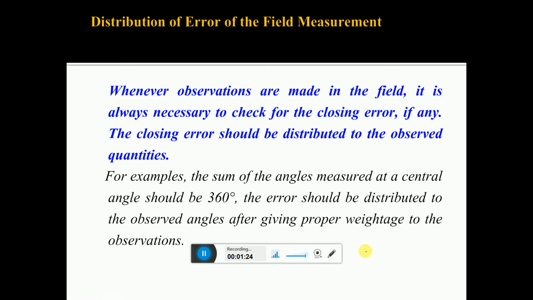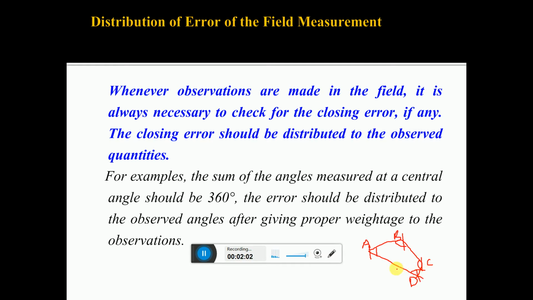In a compass traverse survey, let us say this is a four-sided traverse A, B, C and D. Using the prismatic compass, the bearings are observed from each station, station A, B, C and D. From these bearings, we calculate the angles A, B, C and D.